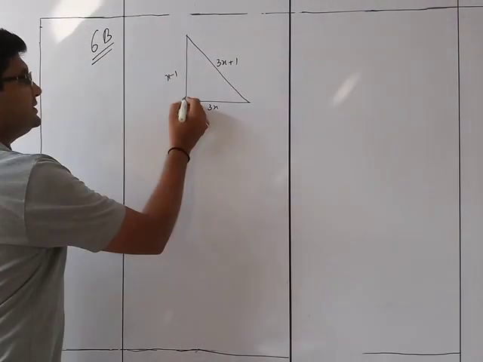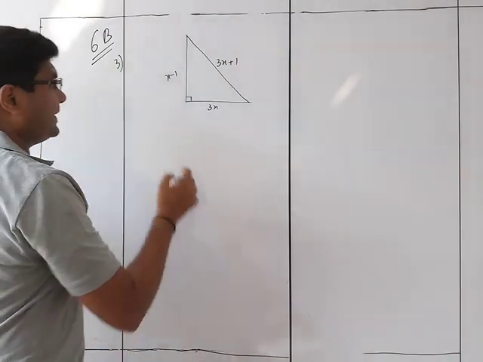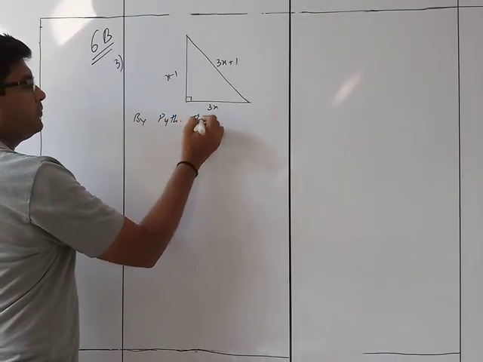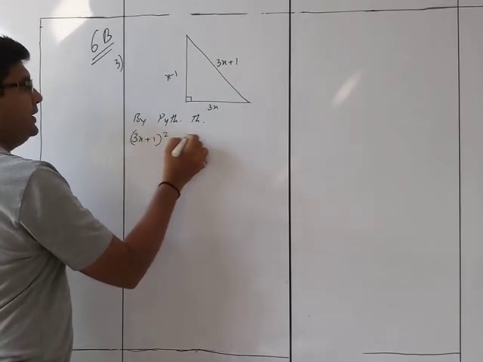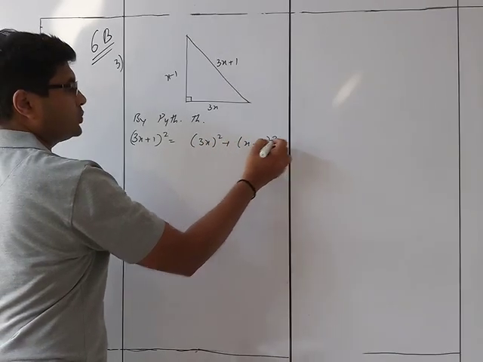Now we know that this is a right angle triangle, so we can use the Pythagoras theorem. So by Pythagoras theorem, we have 3x plus 1 the whole square is 3x the whole square plus x minus 1 the whole square.